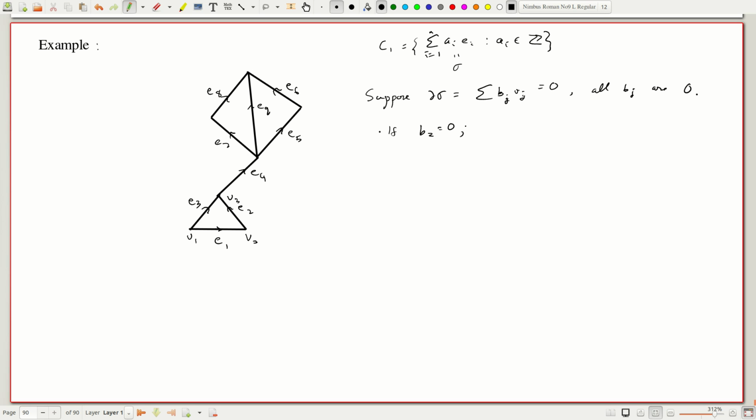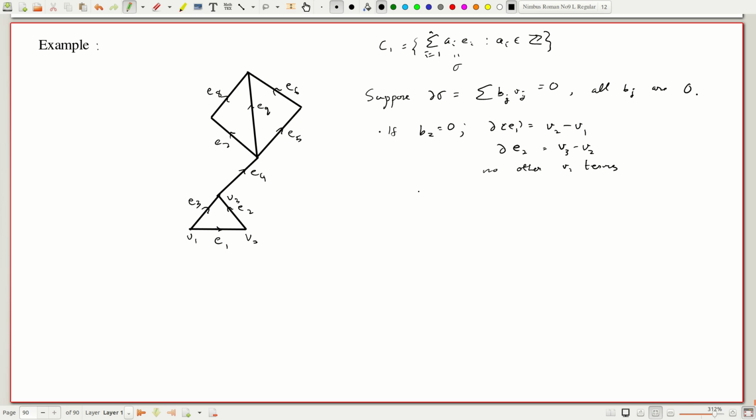Okay, so what we know is that the boundary of E1 is going to be V2 minus V1, and the boundary of E2 is going to be V3 minus V2, and there are no other V2 terms.